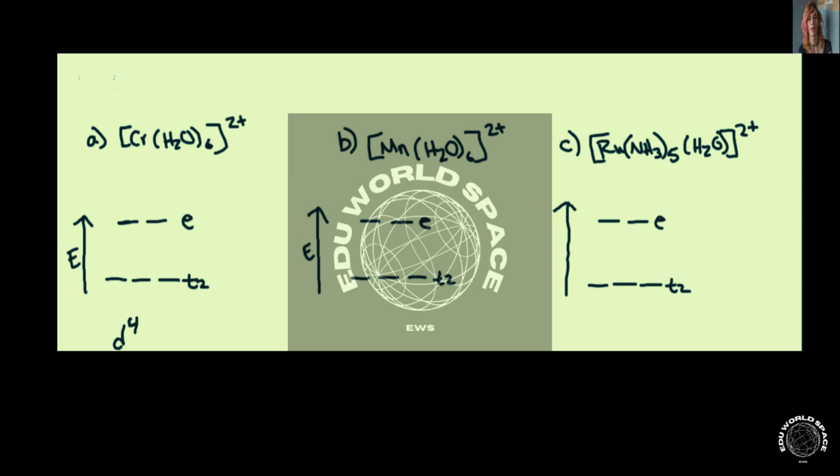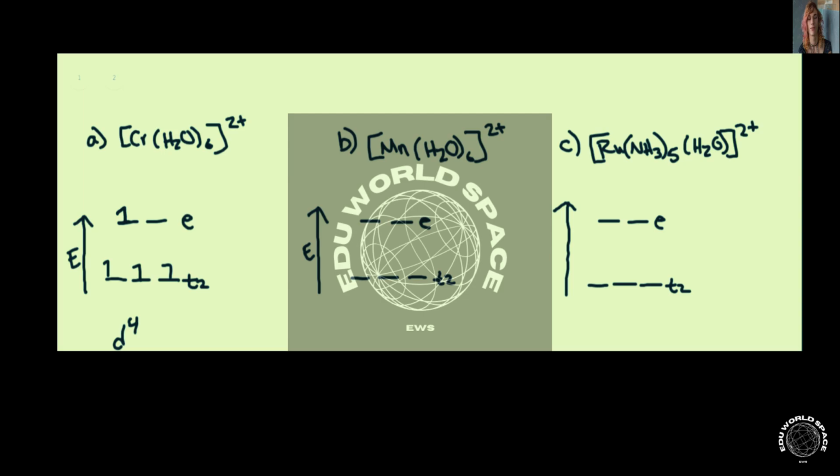And the only way that we can get 4 unpaired electrons in this energy level diagram is if we have 1, 2, 3, 4. And so we know that this complex is high spin because there are these 4 unpaired electrons. And if it were low spin, we would have put this upper level energy electron down here, which would only give us 2 unpaired electrons.